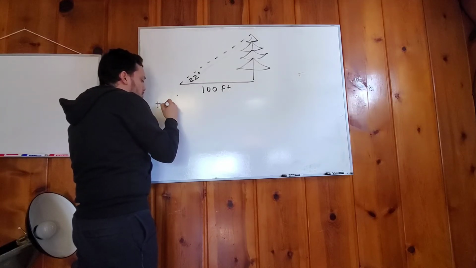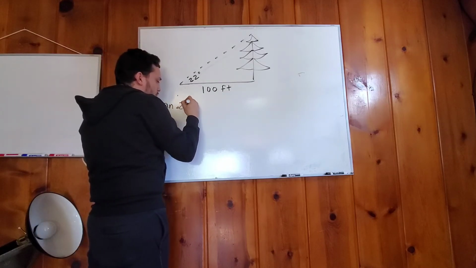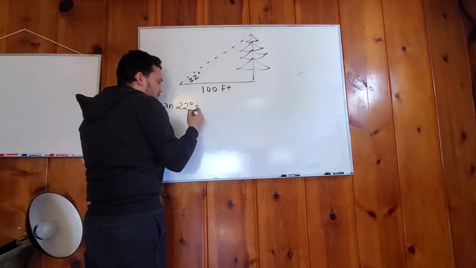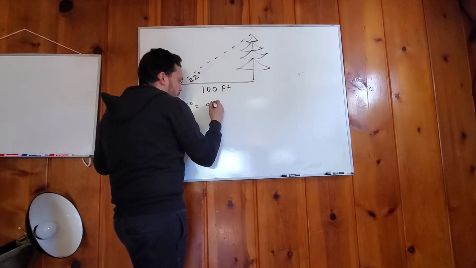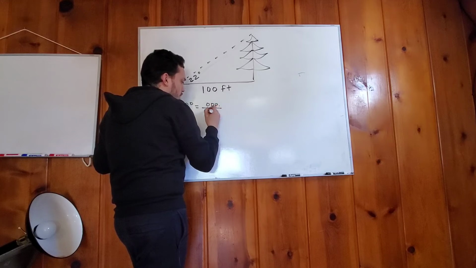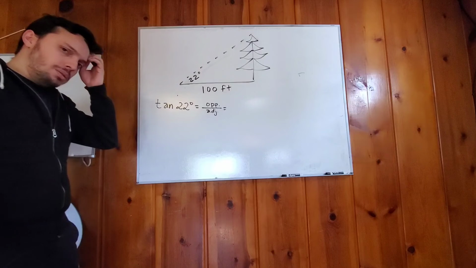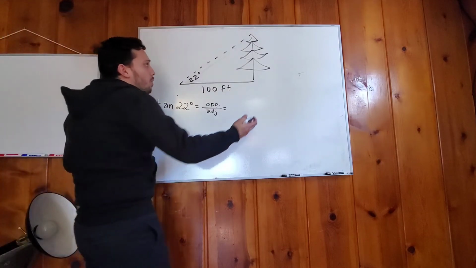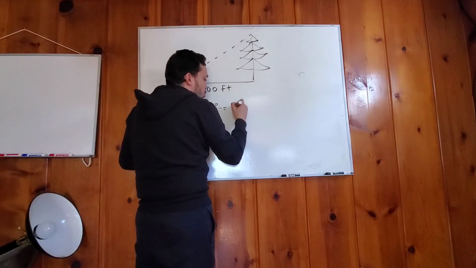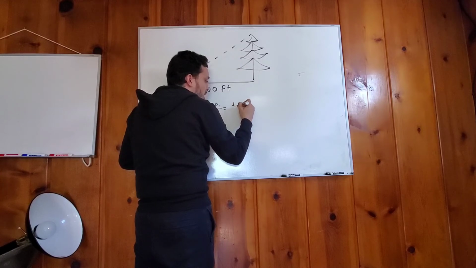So tangent of 22 degrees would be the same thing as the opposite over the adjacent. Right? So far, so good. The opposite we don't know. The opposite is the height of the tree. So let's say tree height.